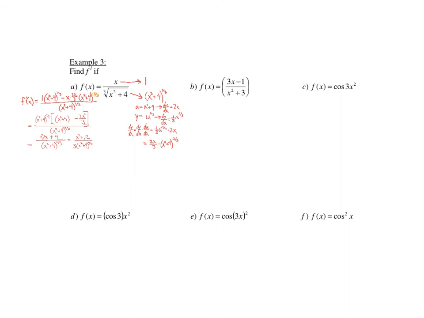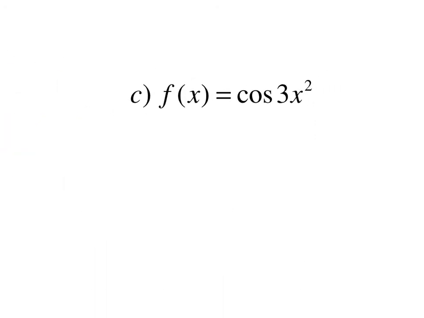Okay? So for example, if I see part C here, I see cosine of 3x squared, I'm going to see that as parentheses around the 3x squared. That whole thing is inside the cosine.